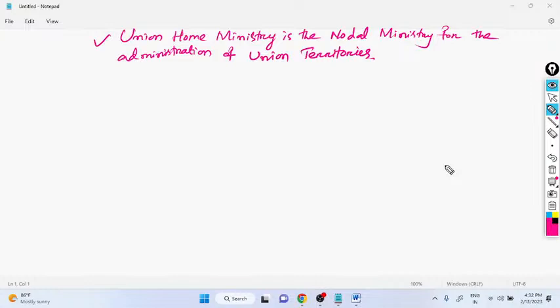And when we talked about Article 1, three types of territories are contained. One is states, another is union territory, another is acquired territories, but there is no specific chapter or part spent for acquired territory administration. The system of administration prevalent in the union territory is made applicable to the acquired territories.